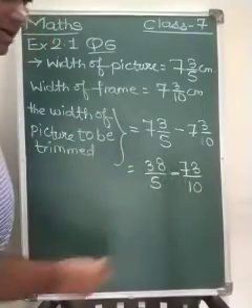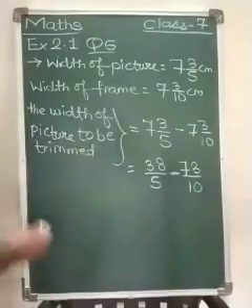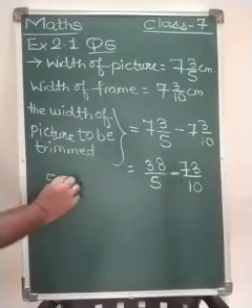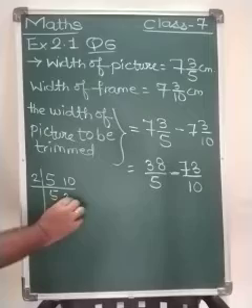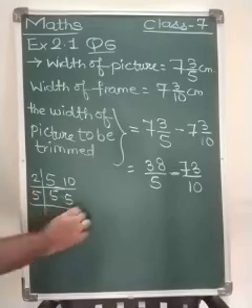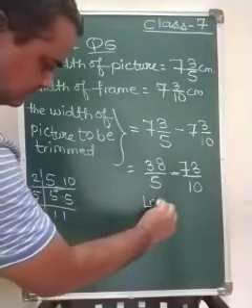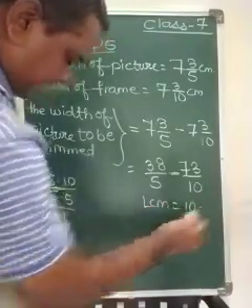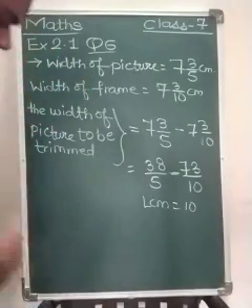Now subtraction is to be done. Trim means subtraction. Find out the LCM of 5 and 10. Start with 2: 2 5s are 10, and 5 2s are 10. So LCM equals 10. Now we have found the LCM, we just have to solve it.